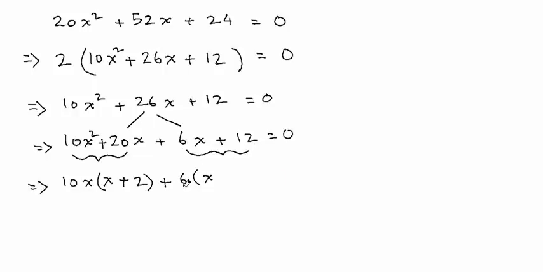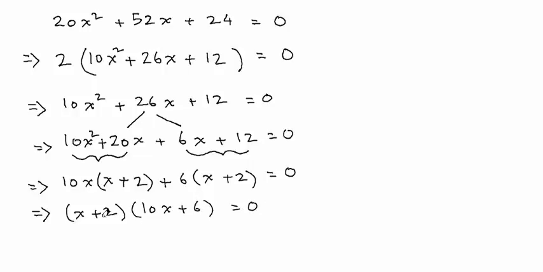If you take a 6 out, you have an x, plus 6 times 2 is 12, we have an x plus 2 is equal to 0. Therefore 10x times x plus 2 plus 6 times x plus 2 is equal to 0. In the next step, we take the x plus 2 as a common factor out from the two terms. x plus 2 times 10x plus 6 is equal to 0. And this is what we were looking for.